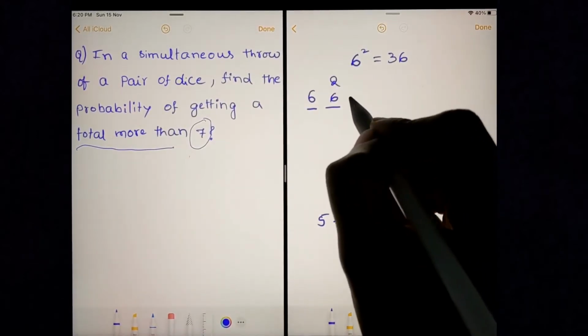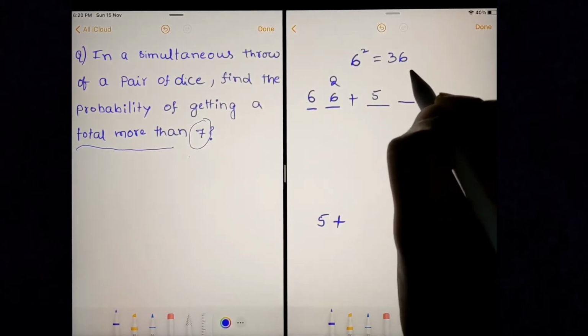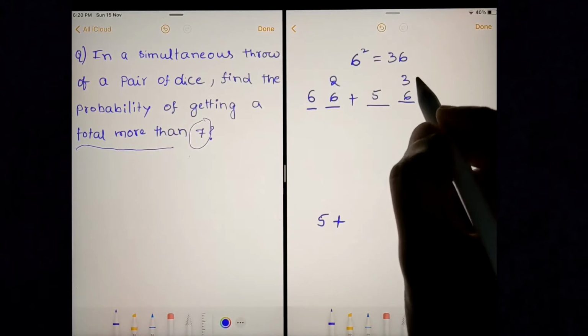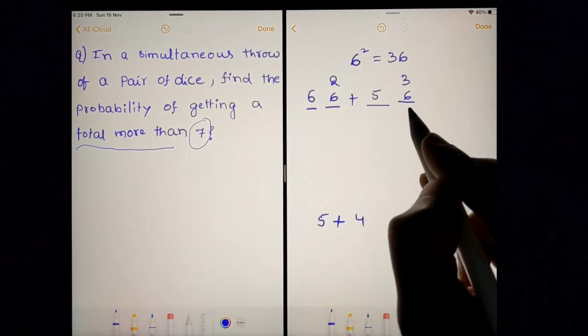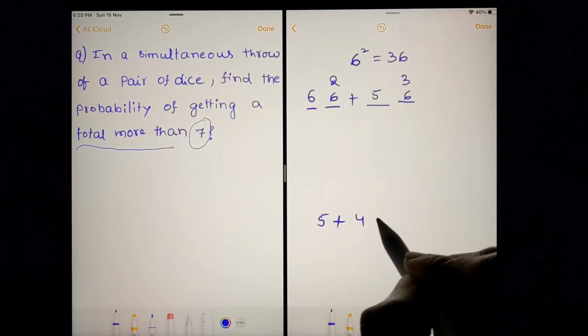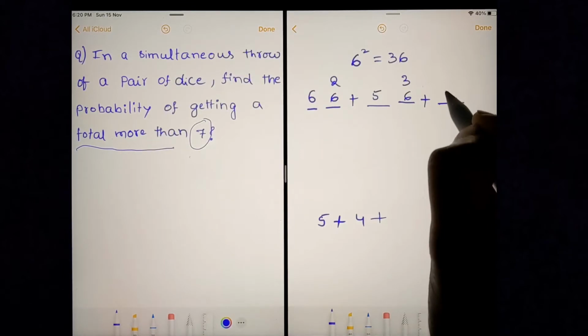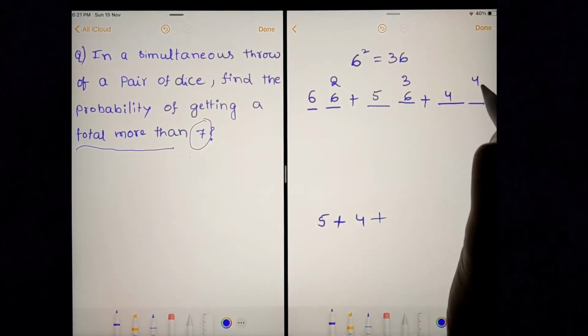Or if first dice is 5, then second dice should be from 3 to 6. How many outcomes are there? It is 4. From 3 to 6, 4 outcomes. Next, if the first dice is 4, then second dice should be anywhere from 4 to 6.